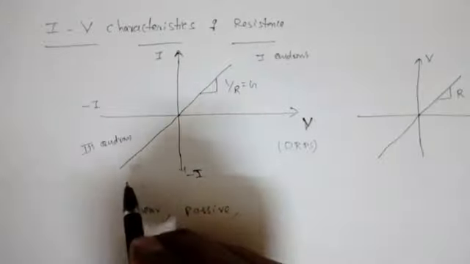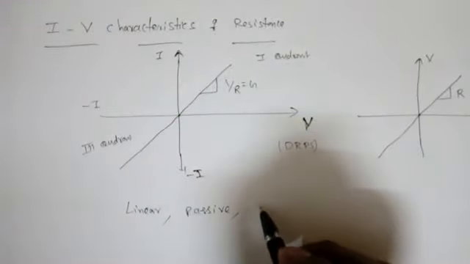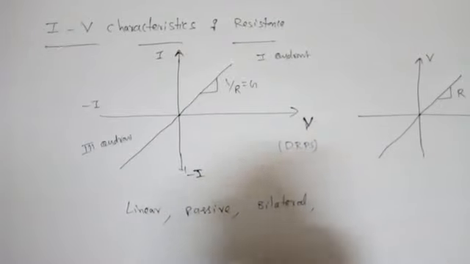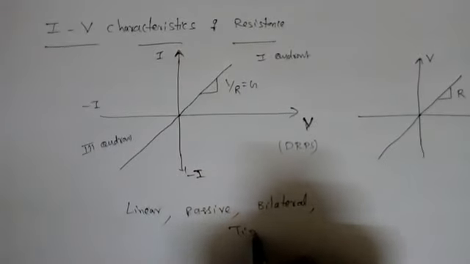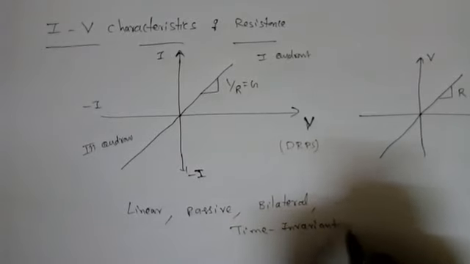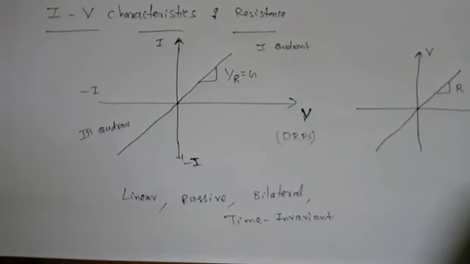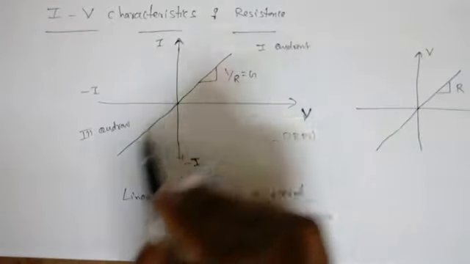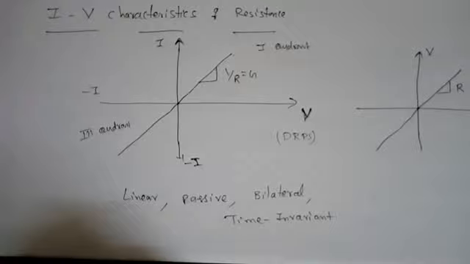So if in the first quadrant and third quadrant the slopes are same, then we can say it is bilateral, and it should be time invariant, right? With respect to time, if the resistance is varying, that is generally useless, right? So it should always be constant with time.